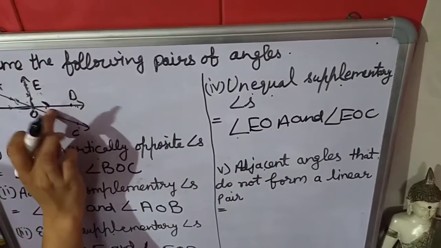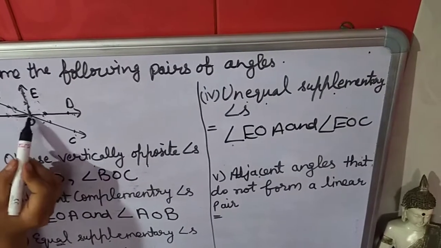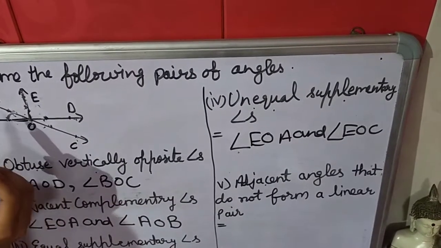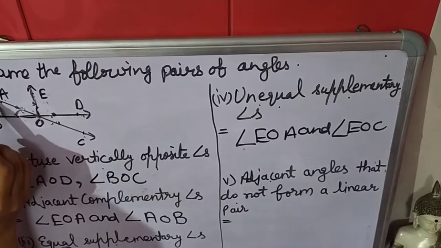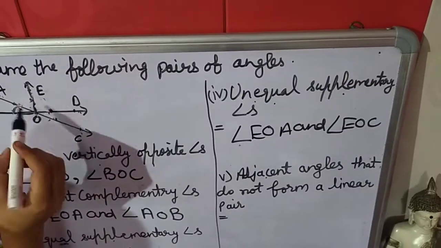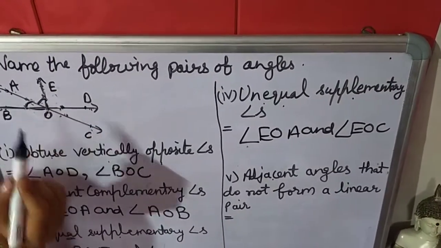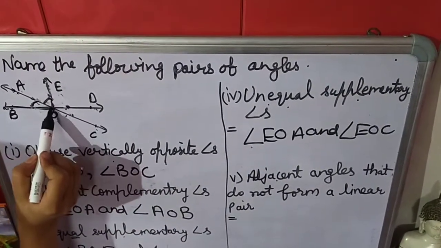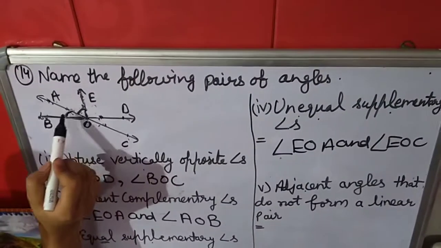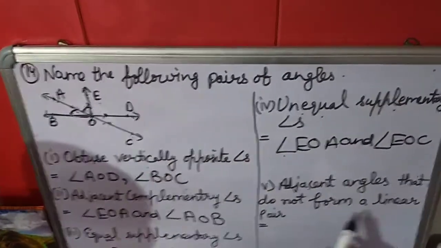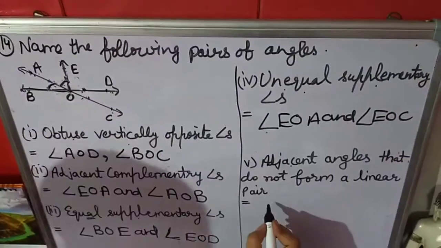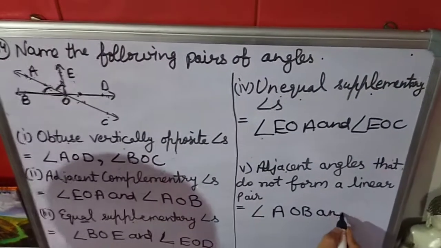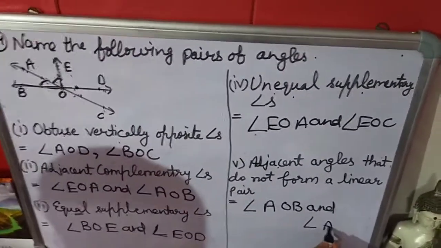That will be AOB, this angle, and AOE, this angle. AOB and AOE are both adjacent, with a common vertex and common ray, and the sum of both angles is 90 degrees, not a linear pair, not 180. So angle AOB and angle AOE.